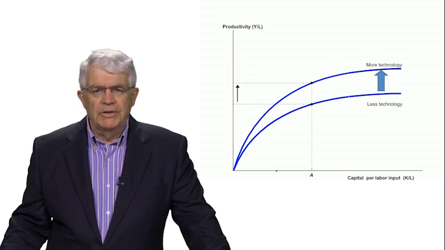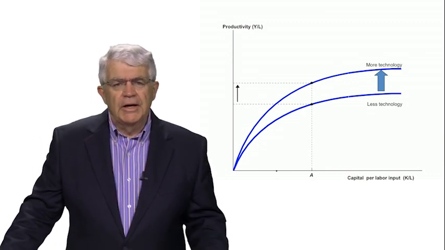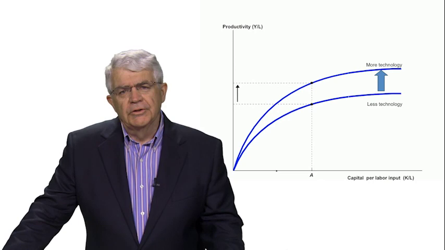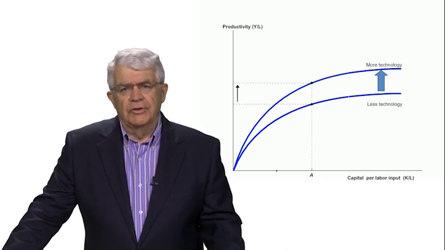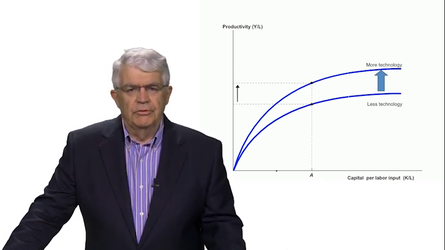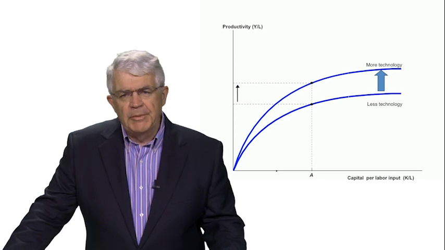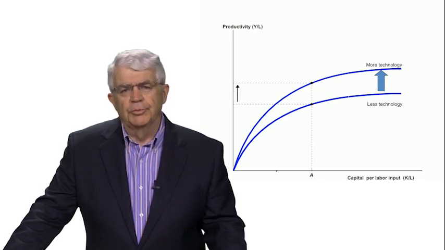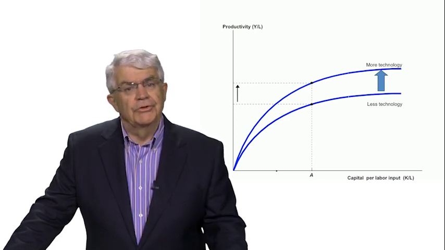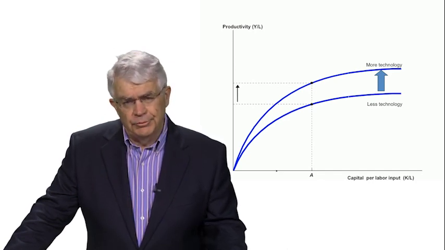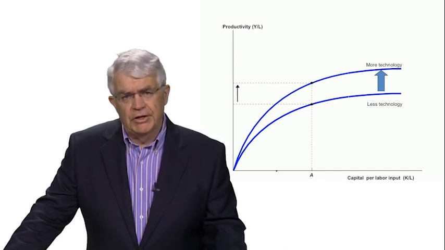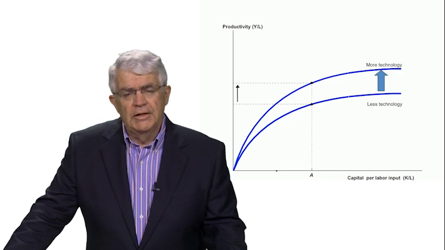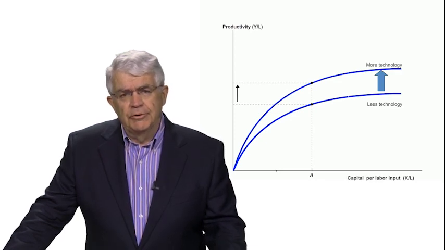Now, with that way of thinking about it, we can now try to derive the growth accounting formula. So let's start with a picture of what happens when there's more technology. With more technology, a given amount of capital per worker, per labor input, is going to result in more productivity, more output per labor input. That's what's demonstrated here. You can focus at point A, the amount of capital per labor input.